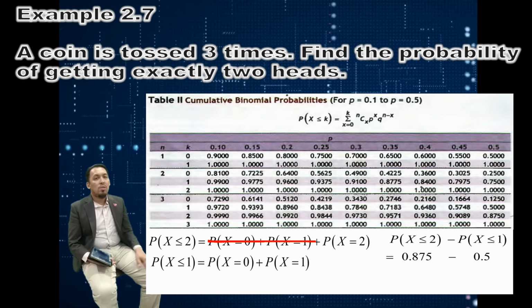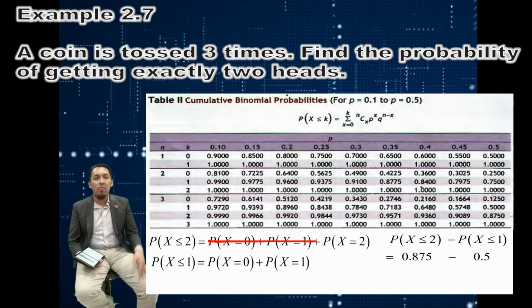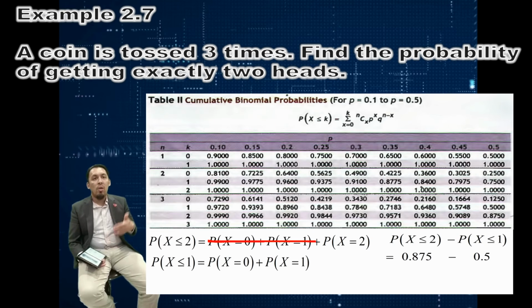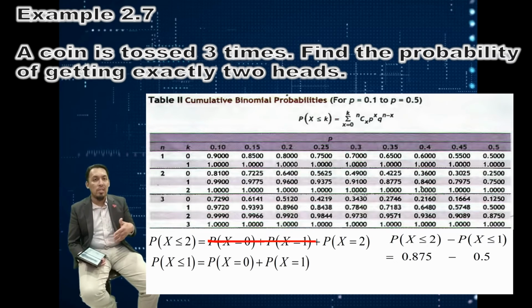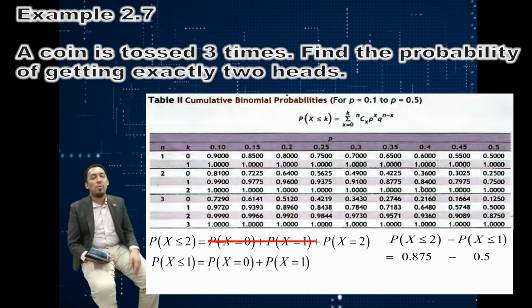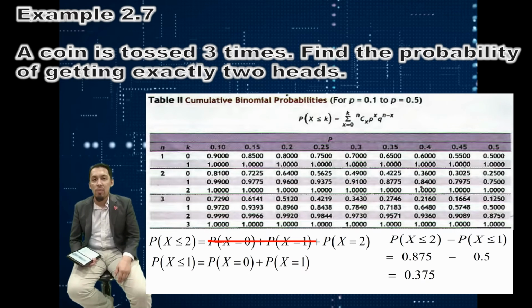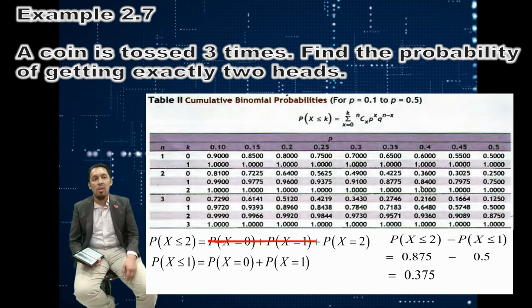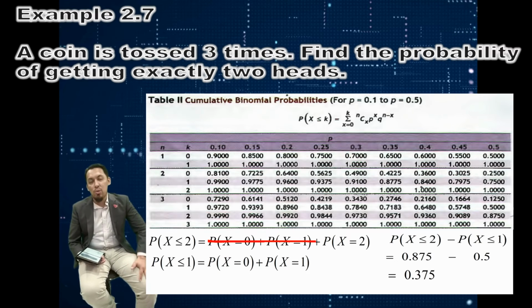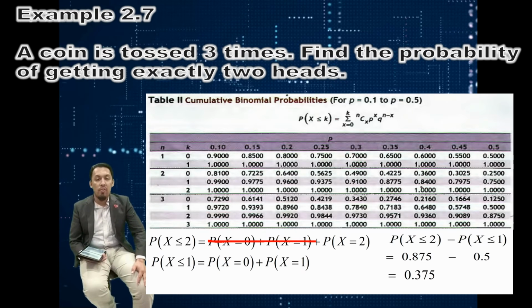So 0.875 minus 0.5 from the table for x less than or equal to 1, and you will get 0.375 as your answer.